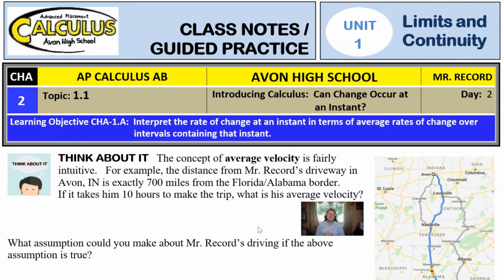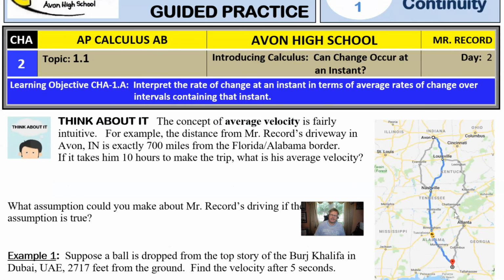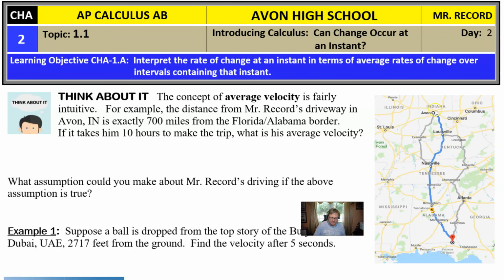Trust me, I've driven it many times with my family on spring break trips to the Florida Panhandle, going to Destin or Panama City. Here on the map, starting at Avon and traveling through Louisville, Nashville, Birmingham, Montgomery, right to the Florida-Alabama border, it is exactly 700 miles.